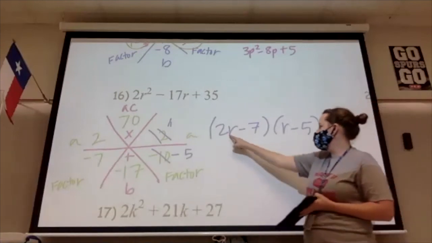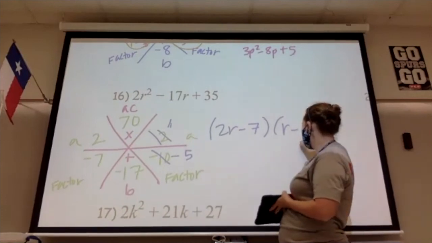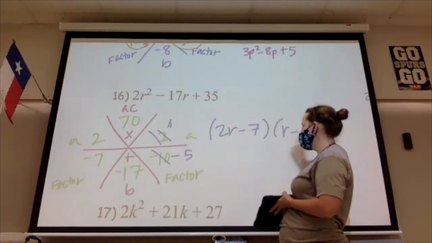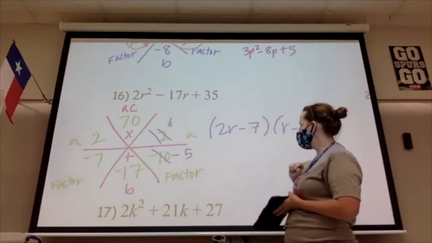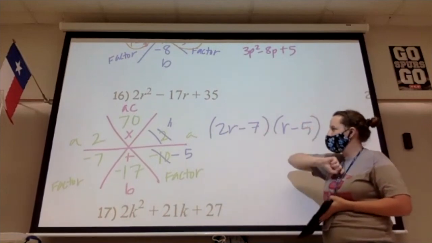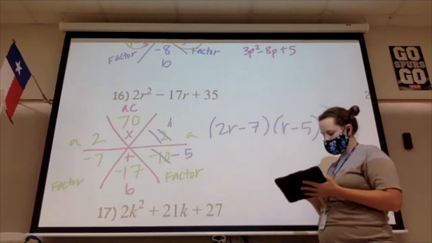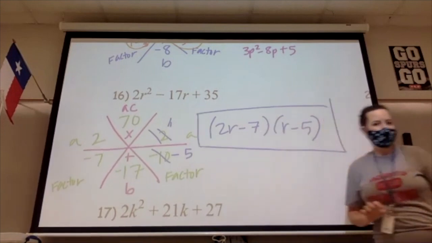So if I distribute it out, 2r times r is 2r squared. 2r times negative 5 is negative 10r. Negative 7 times r is negative 7r. So the negative 10r and negative 7r give me negative 17r. Negative 7 times negative 5 is plus 35. So this would be considered factored form.